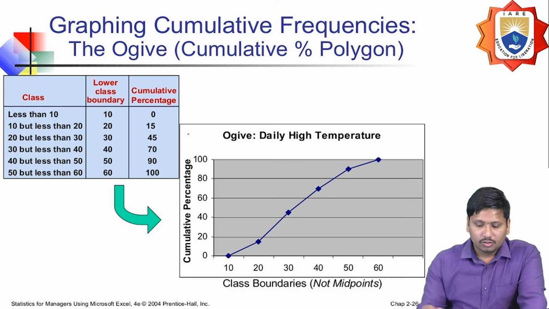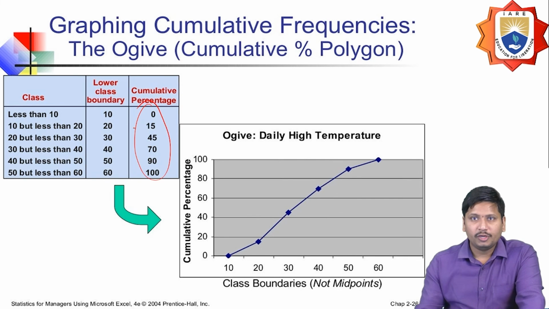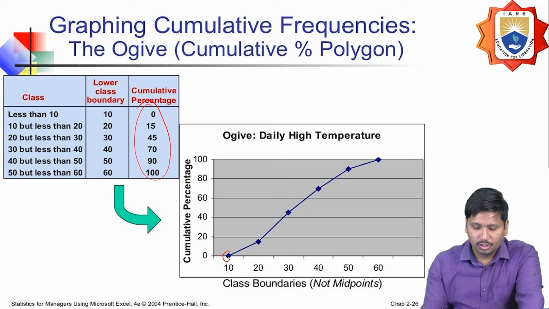By taking this cumulative percentage, take the class intervals, less than 10, 20, 30, and similarly consider the cumulative values. First should be 0, next should be 15, and next should be 45.